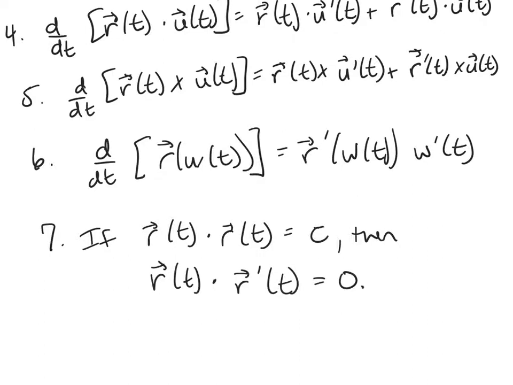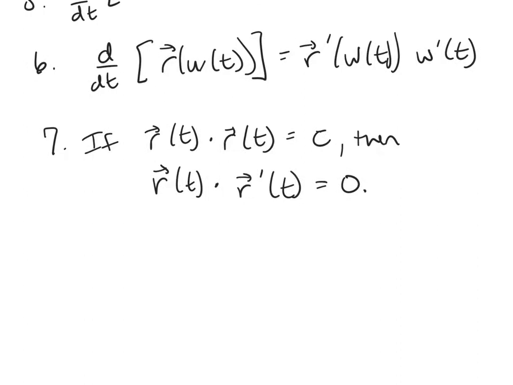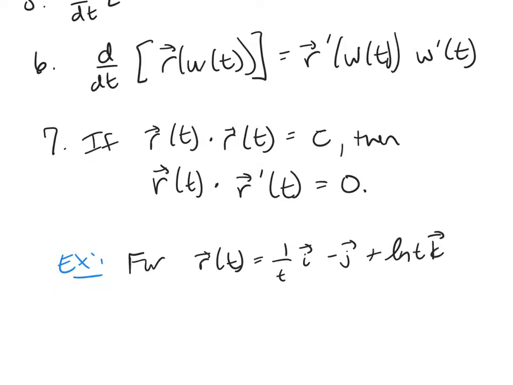So let's look at an example here where we compute some of these things. For r of t, it's going to be 1 over t i minus j plus ln t k.